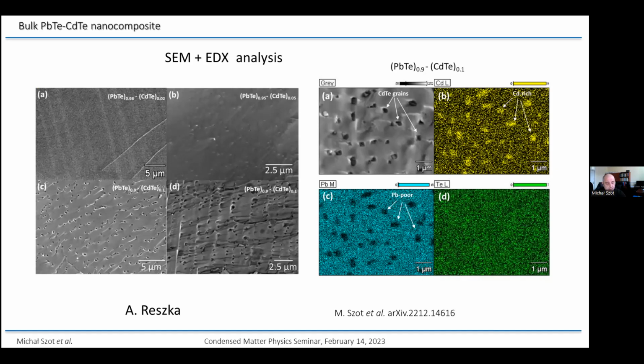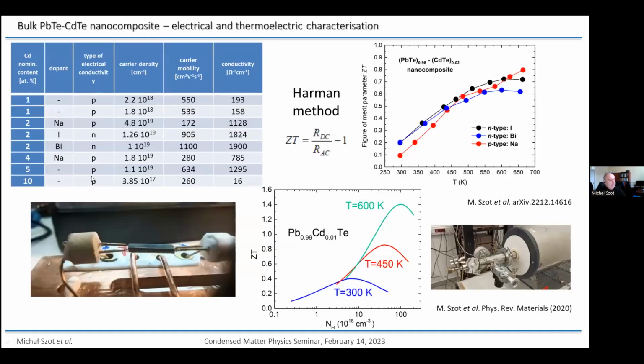So it means that our method really works. For all our nanocomposite samples, we performed basic electrical characterization, and we have found samples with p-type conductivity and with n-type conductivity, with carrier concentration of about 10 to the 17 per cubic centimeter for the undoped samples, and about 10 to the 19 per cubic centimeter for samples doped with all of these elements.